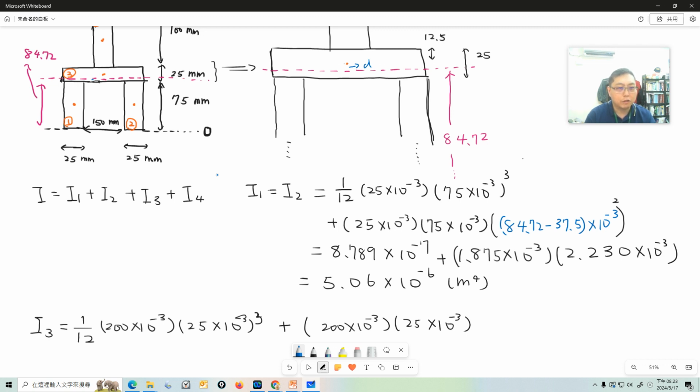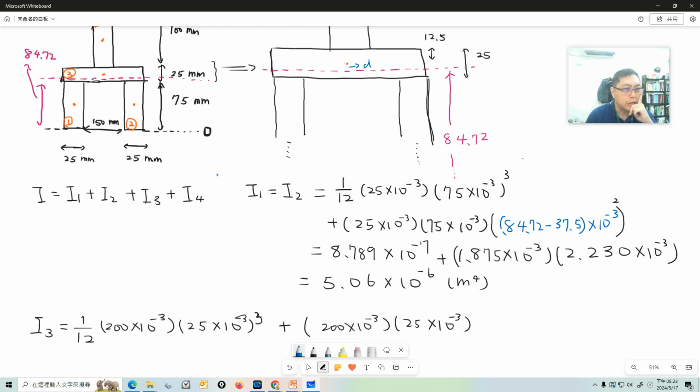So what's the distance here? I think it's very small. Here is 25. Here is 84.72, and here is 75.